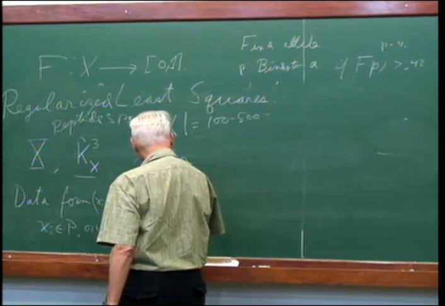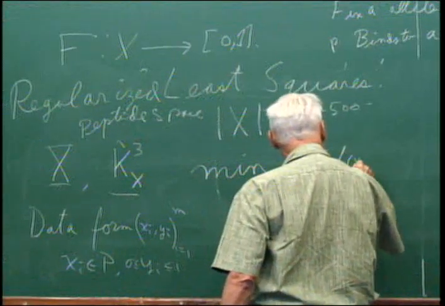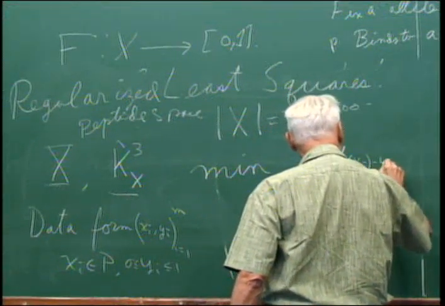We want to minimize the sum over i equals 1 to m of the data. There's a certain plausibility to this.